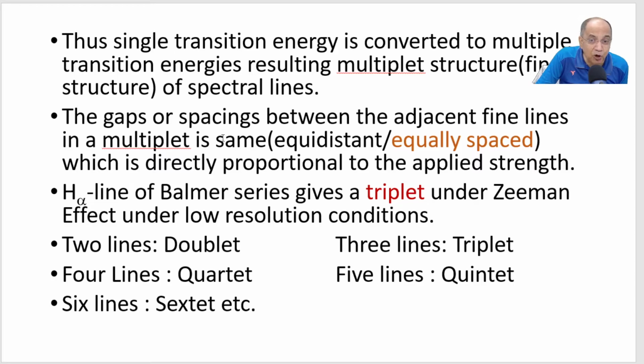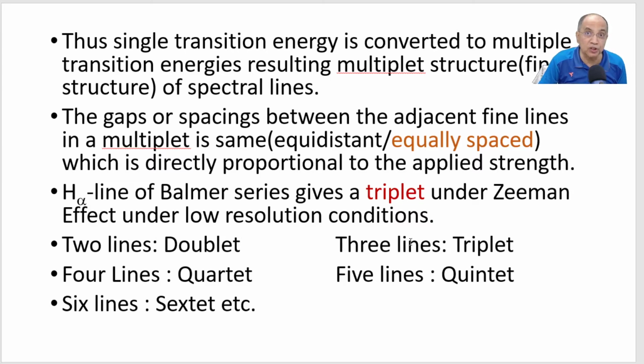The gap or spacings between the adjacent fine lines in a multiplet is the same in this case. Equidistant, equally spaced, which is directly proportional to the applied strength of the magnetic field. More is the strength, more is the separation between the adjacent fine lines in a multiplet. For example, the H alpha line of the Balmer series gives a triplet under the Zeeman effect.